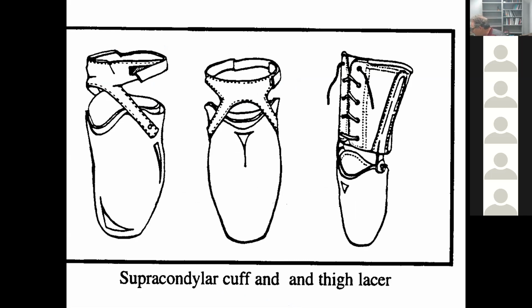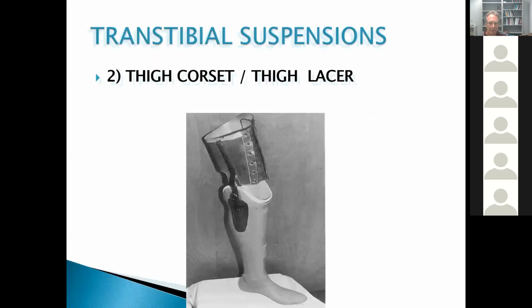But before the Second World War, and probably during the Second World War, it was the most common type of suspension for transtibial amputation. So here is the thigh lacer. It might still be used under certain circumstances, and we'll talk about that over the next couple of weeks.